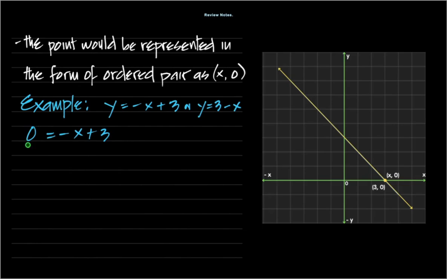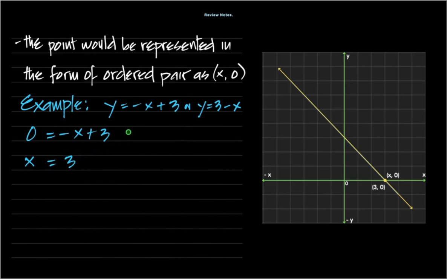So if you solve this equation, we move x over to the other side, and when we move it to the left side, the sign changes to positive. So if we do that, that will give us x is equal to 3.